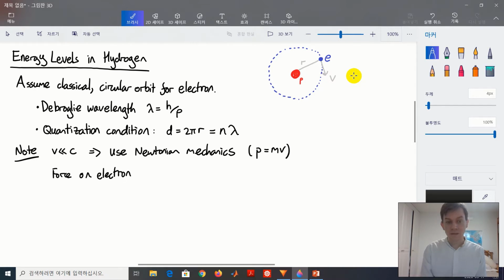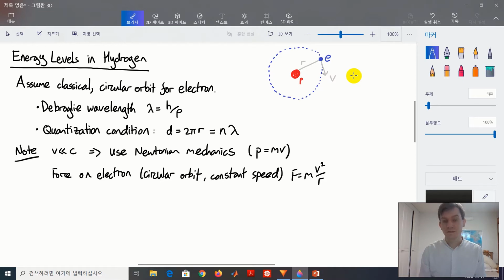Okay, so the force on the electron to make it move in a circular orbit at constant speed is simply equal to the mass of the electron times its velocity squared, or its speed squared, sorry, divided by the radius of the circle r.